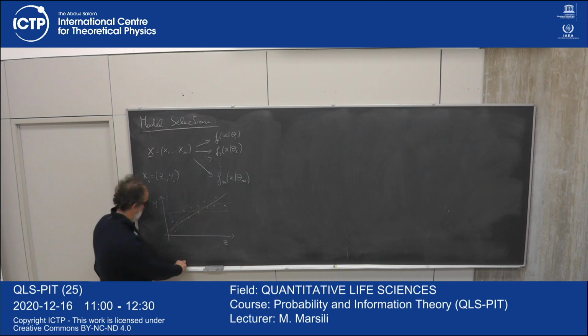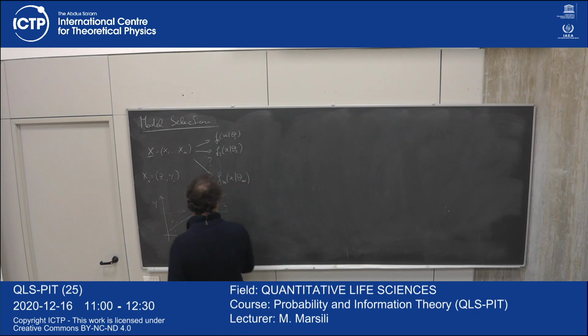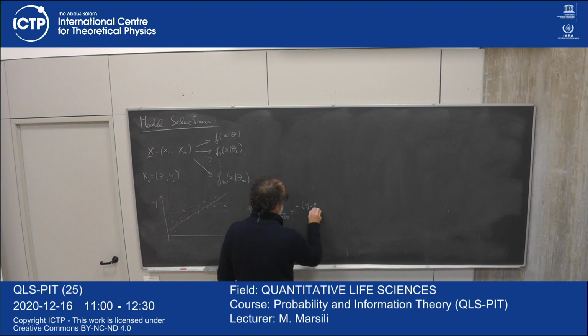And you can go on like this, and say, for example, in the end, you can take a model where essentially your f of x given theta is something like a Gaussian with some variance, e to the minus y minus f of z squared divided by 2 sigma squared.